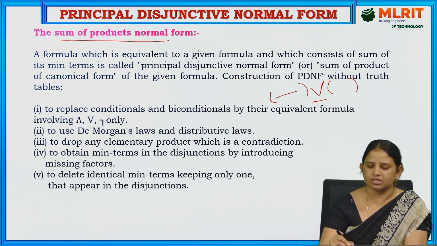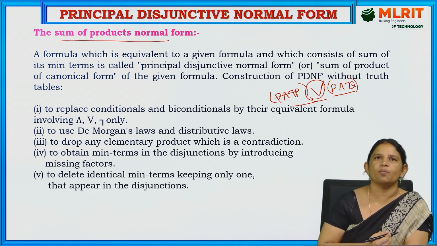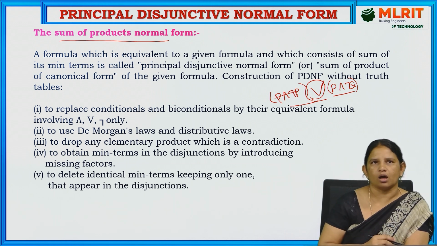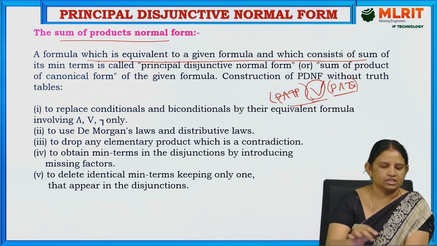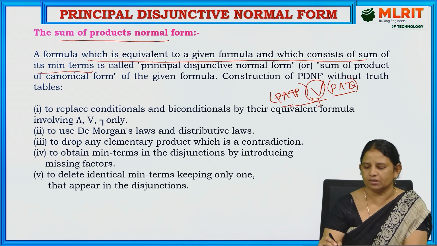The minterm consists of the product of variables and their negations, and these minterms are connected by the symbol called sum. That's why it is called the sum of products normal form. The definition of principal disjunctive normal form is a formula which is equivalent to the given formula and consists of a sum of its minterms. This is a minterm.